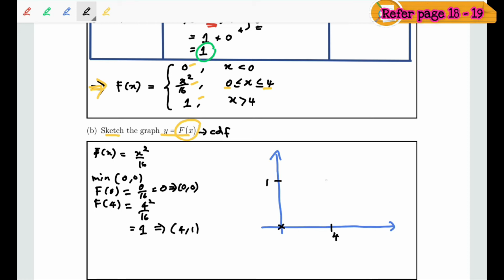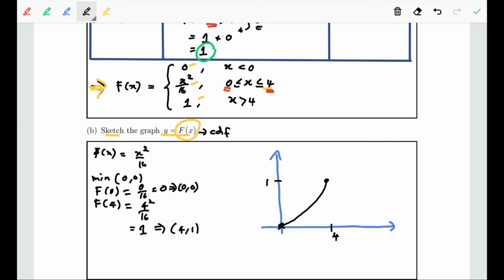I'm going to denote it as a black dot, since this is an included value, 0 and 4 are included. So we start with a black dot and end with a black dot. Just connect these 2 points using a curve. Just sketch the curve form.